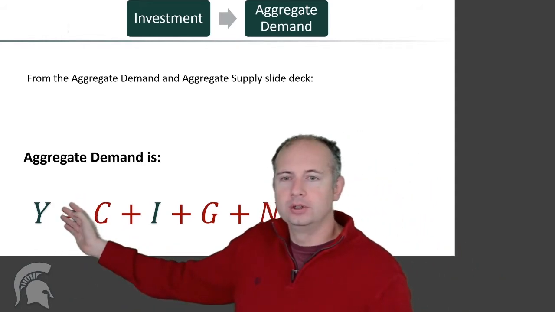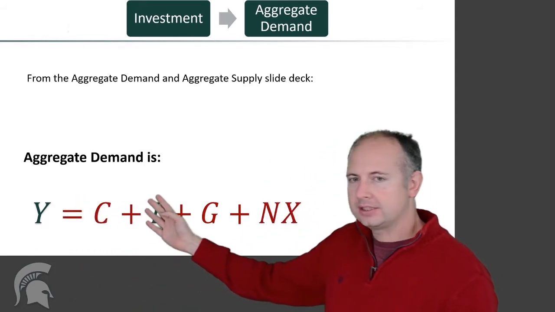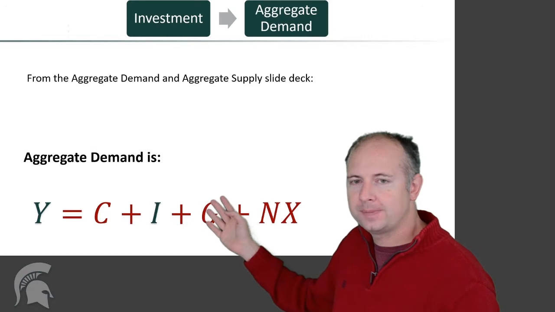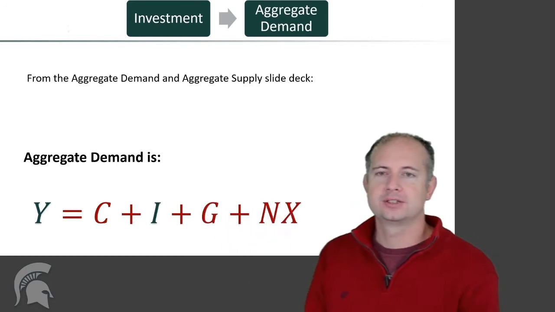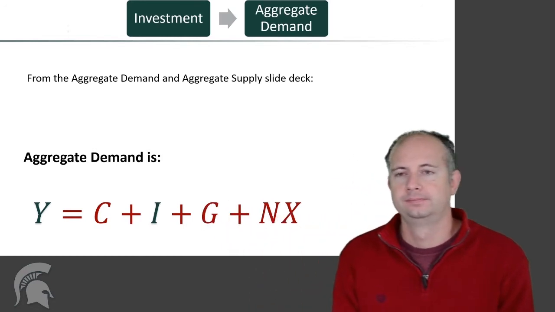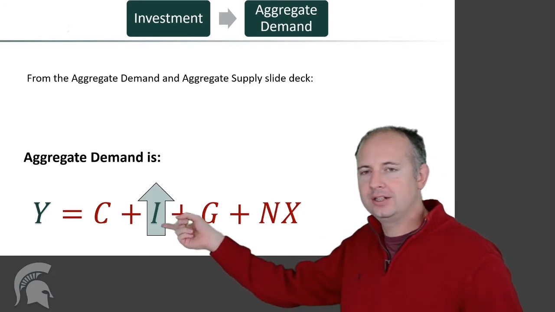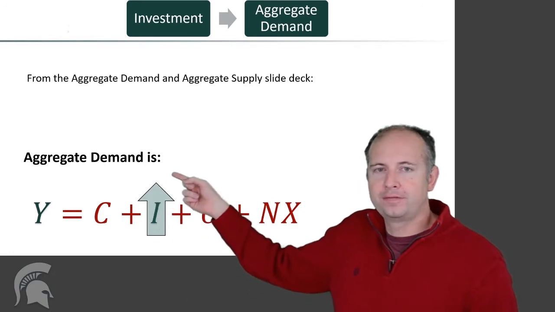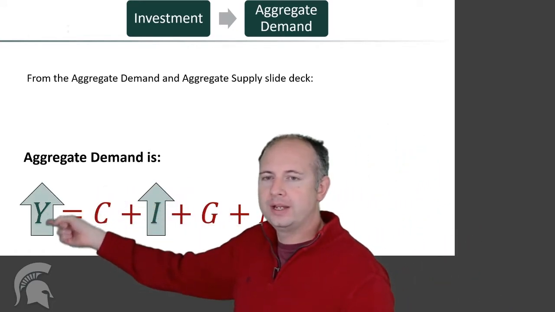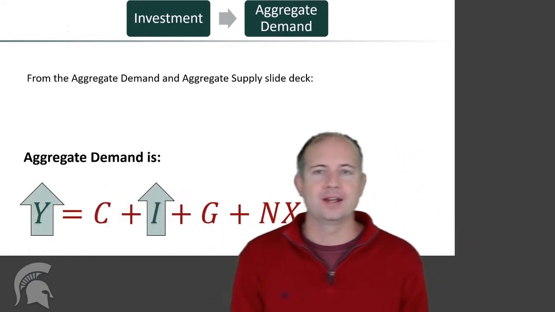It's equal to consumption plus investment plus government spending plus net exports. Well, investment is a component, and so when we buy that third forklift, that leads to an increase in aggregate demand.